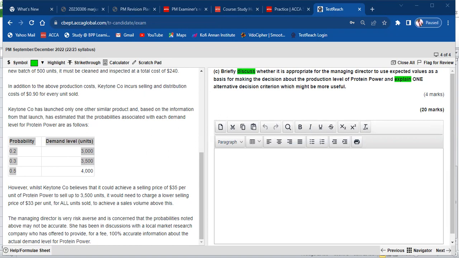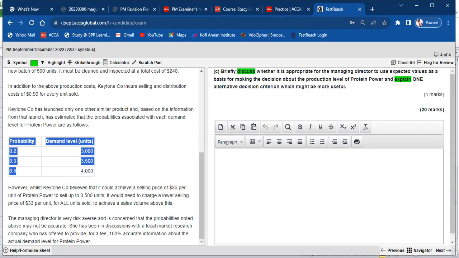So the use of maximin will be more appropriate. I'm supposed to explain: as the manager is described as being risk averse, and hence, without knowledge of probabilities, he might be looking at selecting the best of the worst situation. I've explained that. Friends, that's 4 marks, makes it 20 in all.